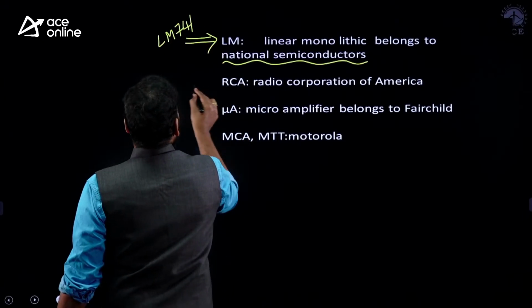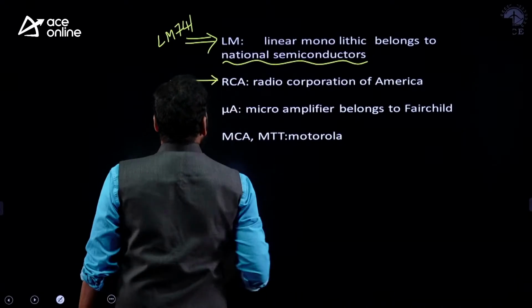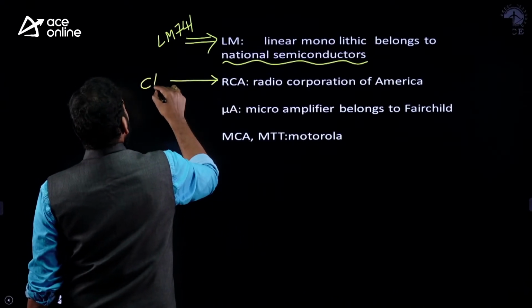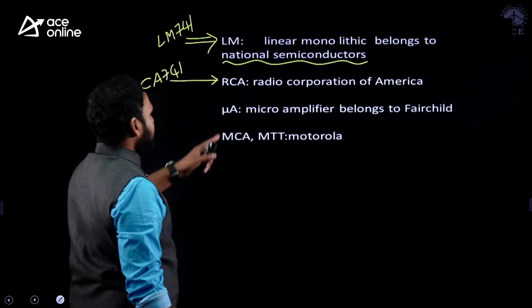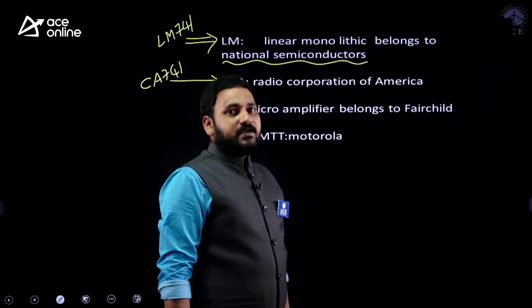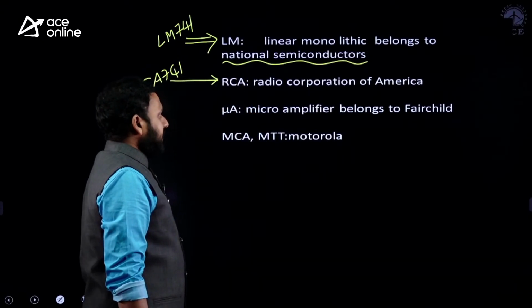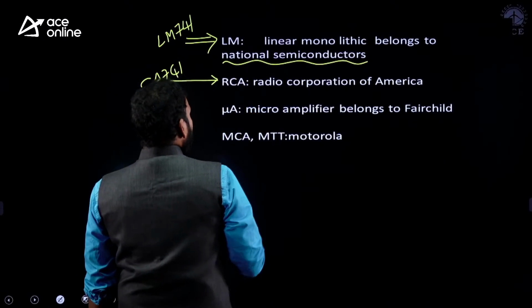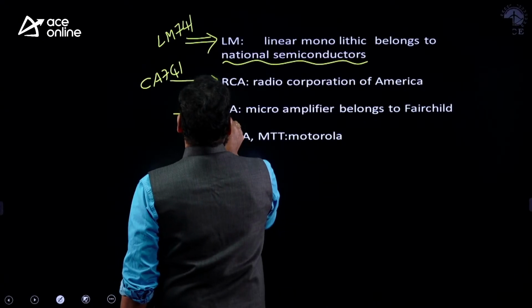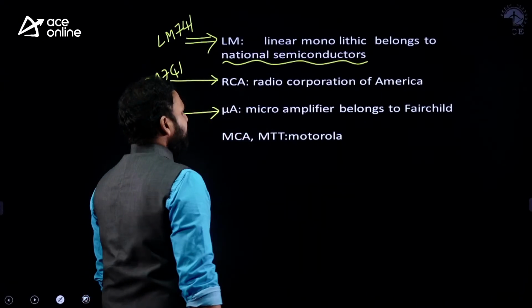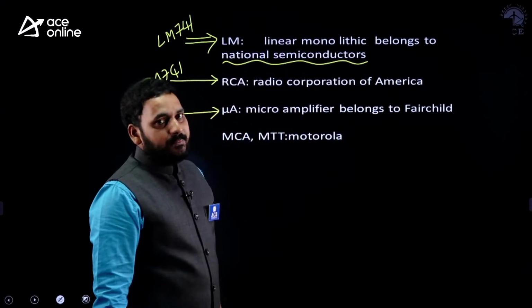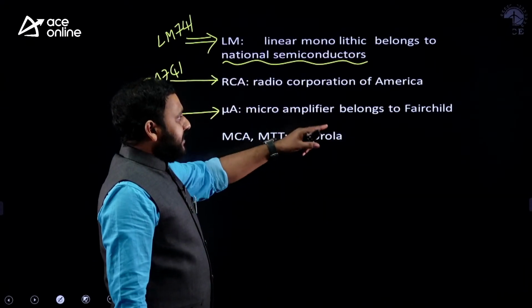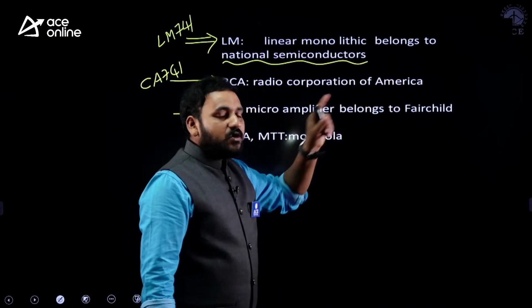You can find the IC number here, LM741, and here RCA, where you can find the IC number simply as CA741. RCA stands for Radio Corporation of America. Mu A, they don't ask you the question about it. Why? Because Mu A stands for, of course, micro amplifier, belongs to Fairchild company, but these patent rights are given to some other companies also.